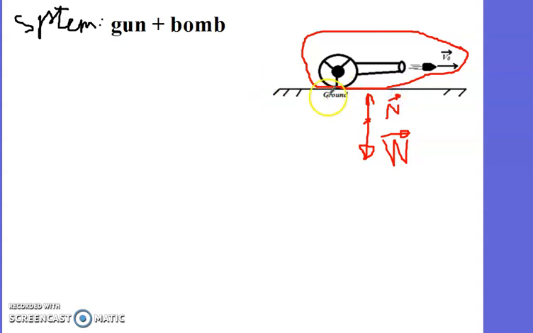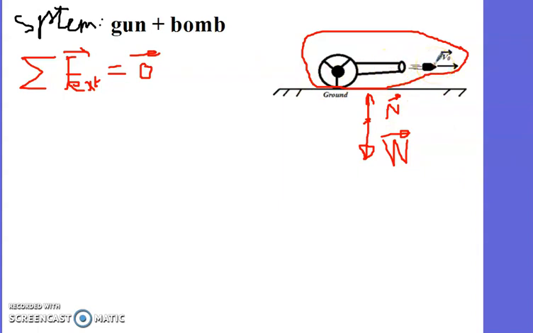We neglected friction here. Now, what is the value of the sum of the external forces here, which consists of the weight and the normal? Equals 0, right?